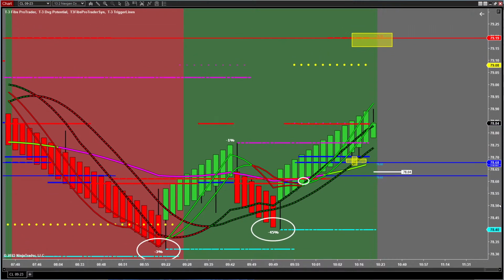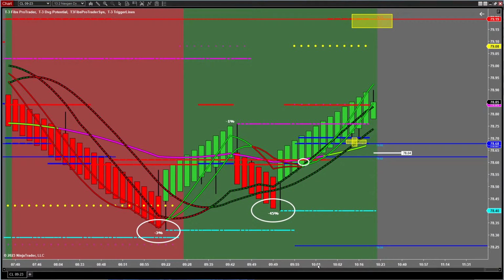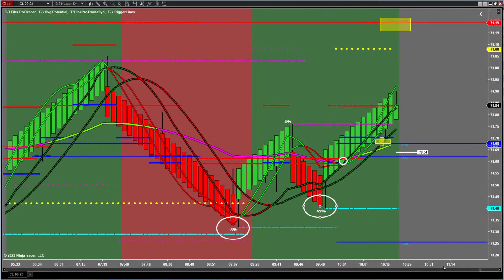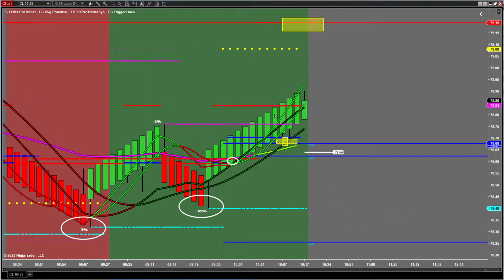Now, step back and build your context on crude oil. Did we have divergence and higher divergence on this one? Yes. And again, unless something significant changes, we're probably going up and nothing but up.